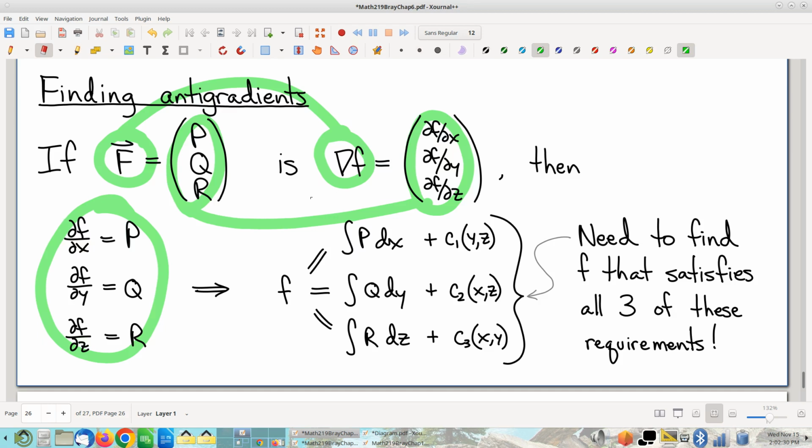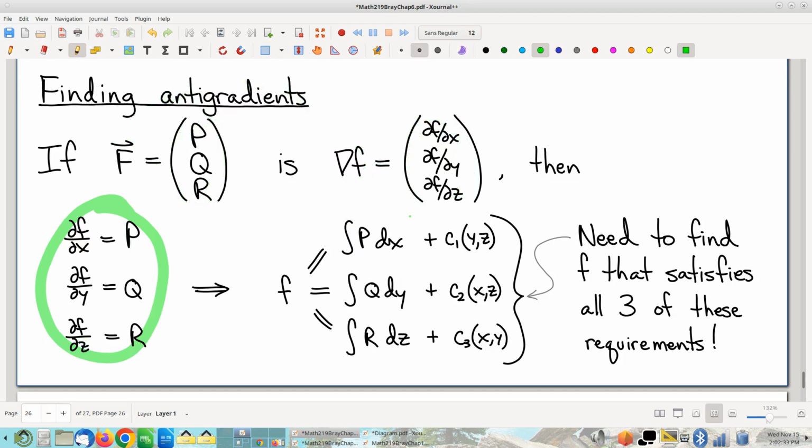Now I can look at these 3 equations and observe that each one of these is a statement about a partial derivative, and we can take statements about partial derivatives and turn them into statements about partial antiderivatives. Again, not much to it here, but if the x partial of f is p, then the x antipartial of p would have to give you f. That's all this is saying here. Is that cool?